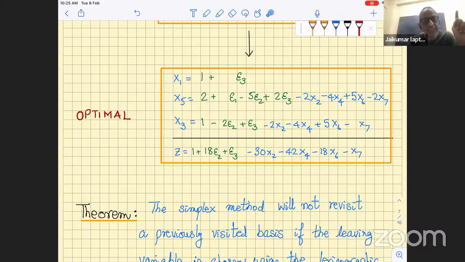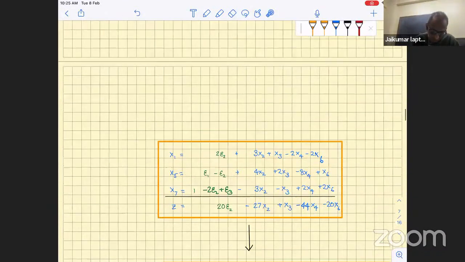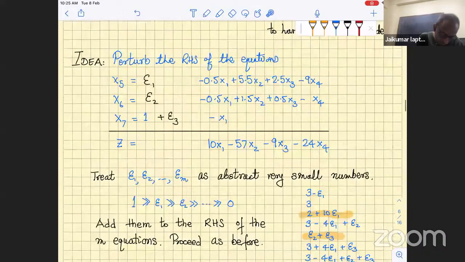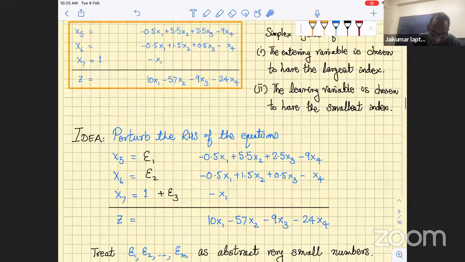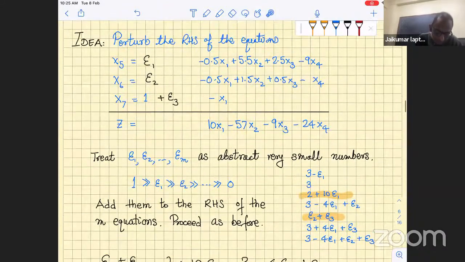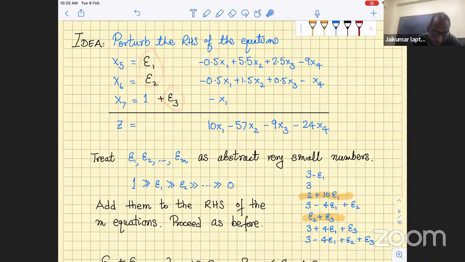In the original simplex, when we were dealing with constants that were inherited from the original LP, there could be zeros. You see, there were zeros here. But we inserted epsilon 1, epsilon 2, epsilon 3 to avoid those zeros.